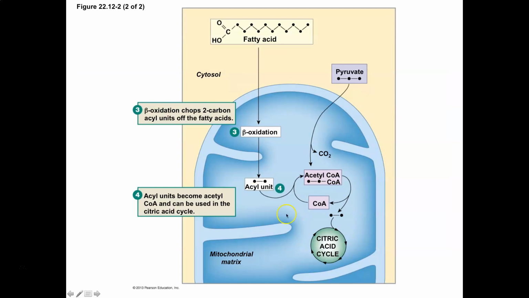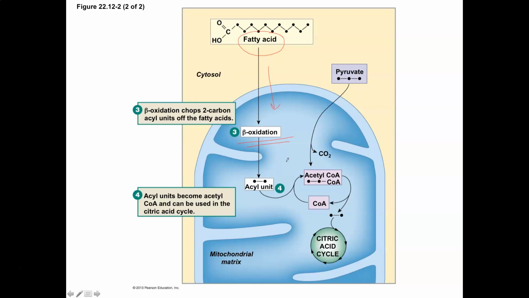So let's take a further look at that. So once you have these fatty acids, those fatty acids are going to enter into the mitochondria. So this is the mitochondrial matrix, and in the mitochondria is where we see the process of beta oxidation taking place.